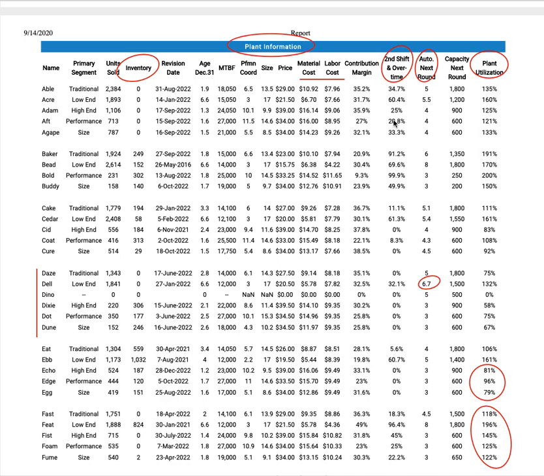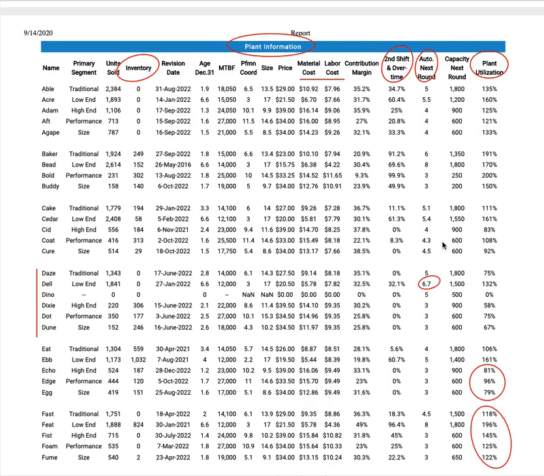So if you really want a second shift, that's extra cost. However, the benefit of the second shift is that you can produce more product and then sell it.